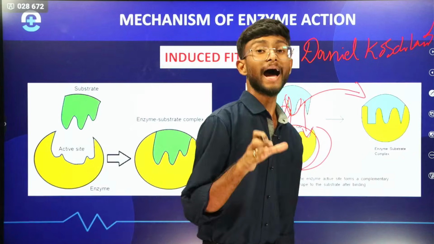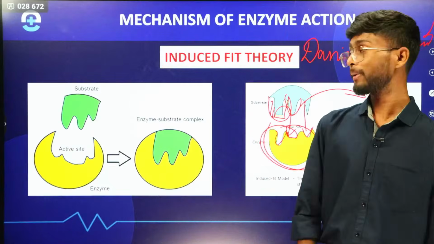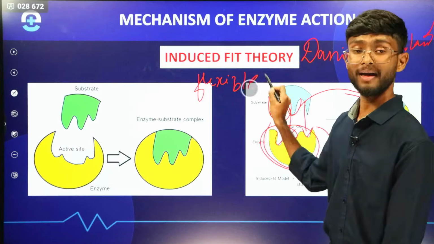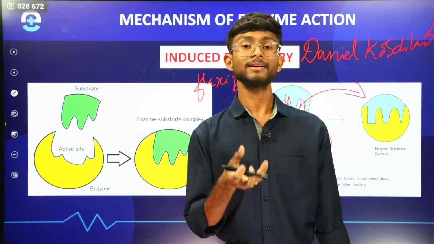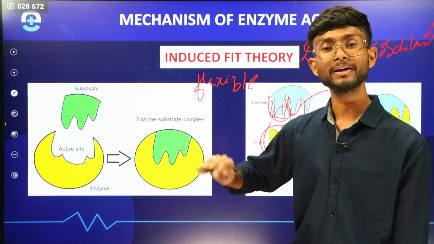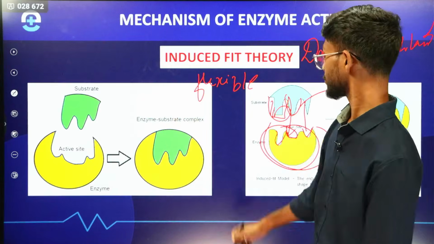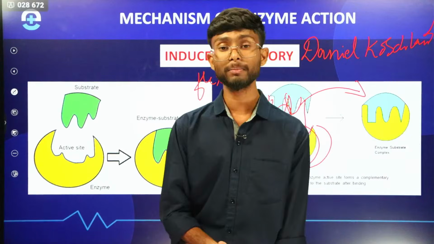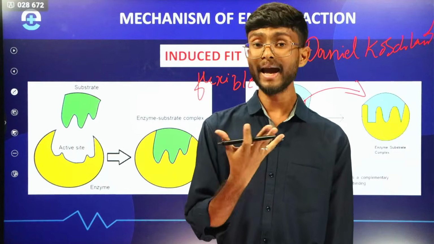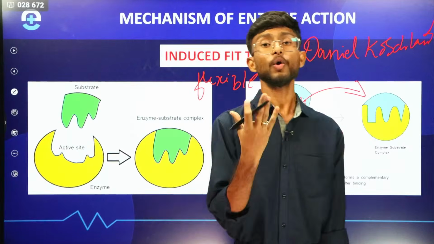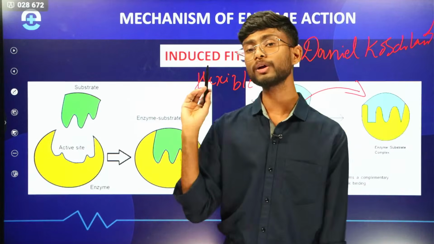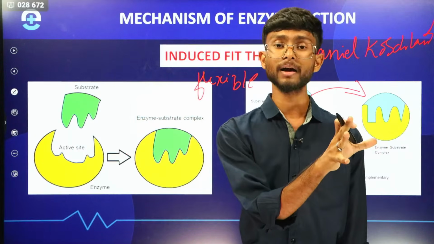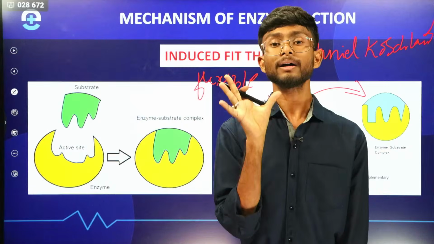And here the active site will be flexible. In the lock and key model it is rigid, but here the active site will be flexible. Understood? According to the Koshland theory, it is acceptable because in the lock and key model, only for a particular enzyme there will be a particular substrate, and then only it forms a reaction.